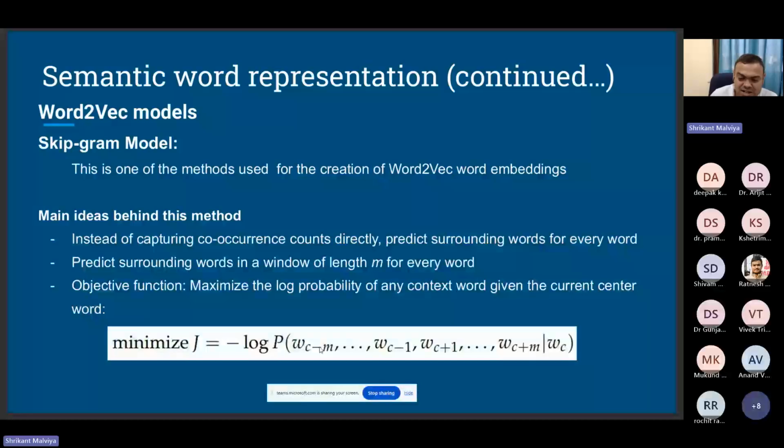That's the criteria used for training a skip-gram model. Its name suggests a gram-based method, 1-gram, 2-gram, 3-gram, and we are skipping the center word and considering the neighboring words for predicting them, and based on this criteria we train the model.